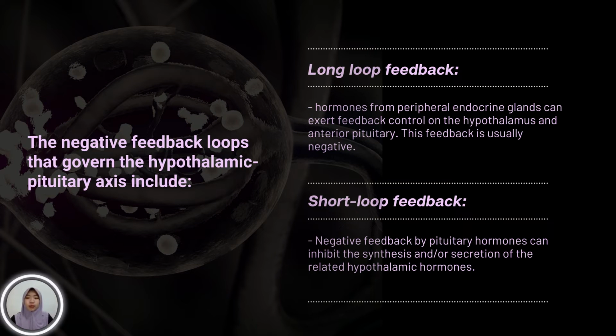So the hypophysiotropic hormones, the short loop negative feedback and long loop negative feedback via target organ hormones are all involved in the regulation of anterior pituitary hormone releasing cortisol.